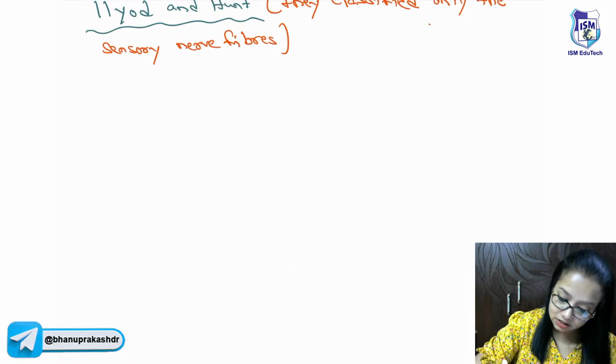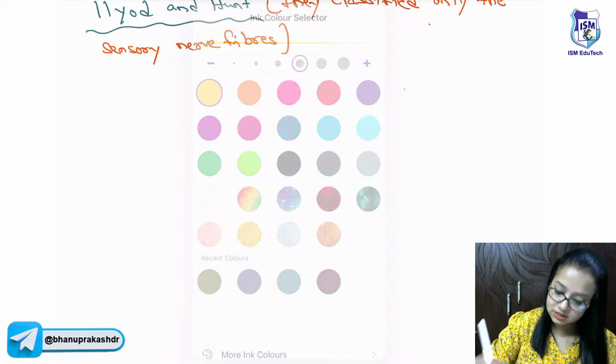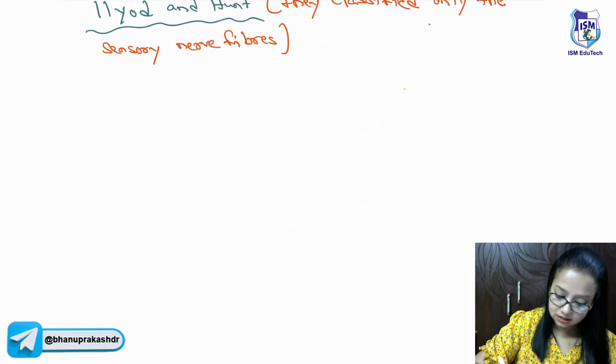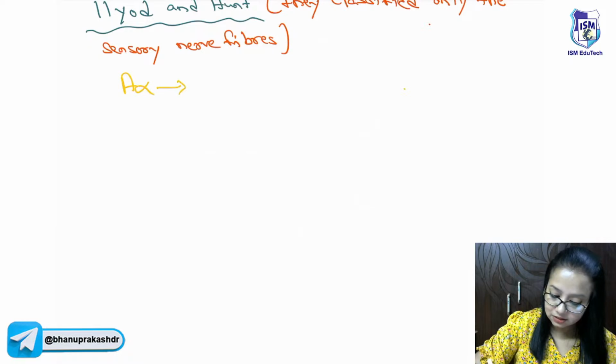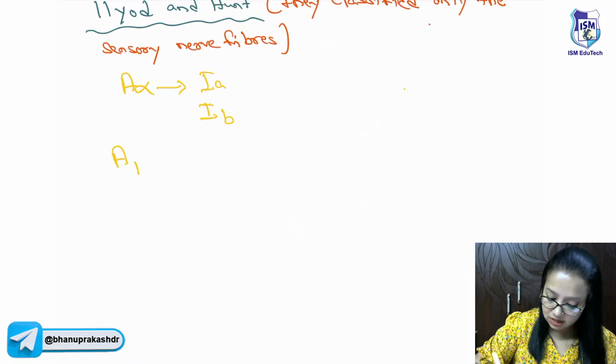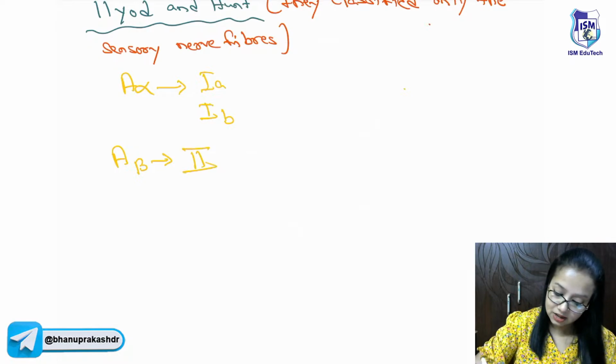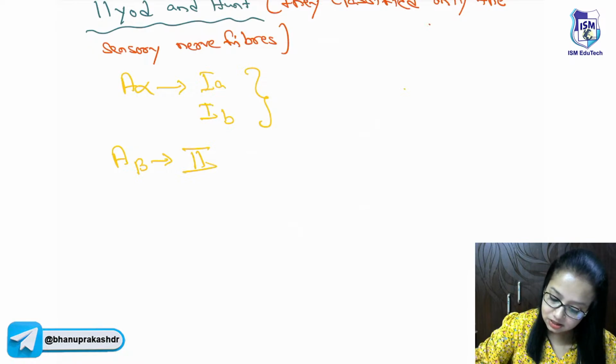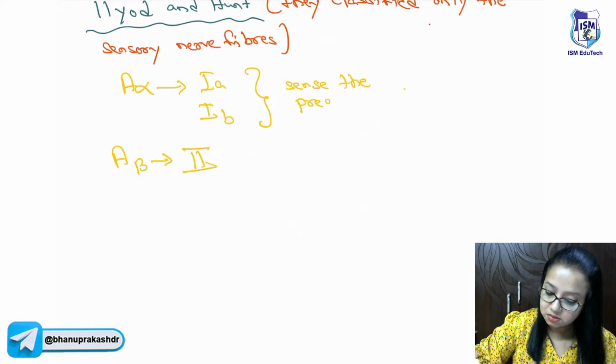Okay, so according to that, A alpha is classified into 1A and 1B. A beta has been classified into Roman 2, and both of these sense pressure.